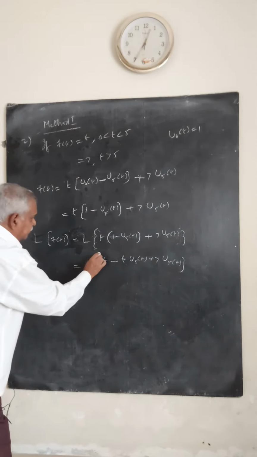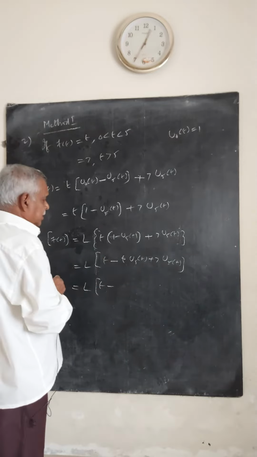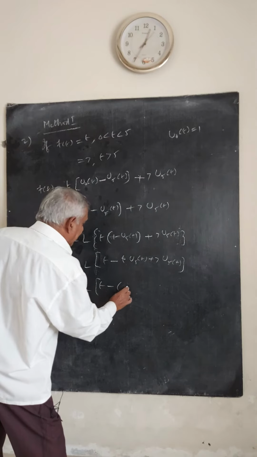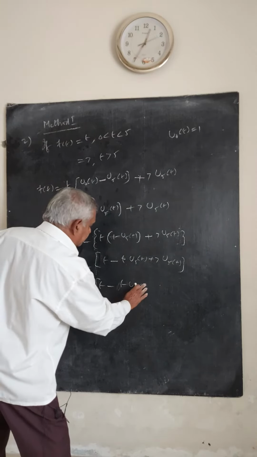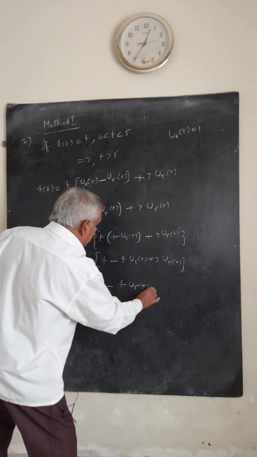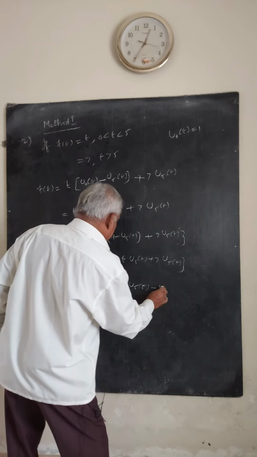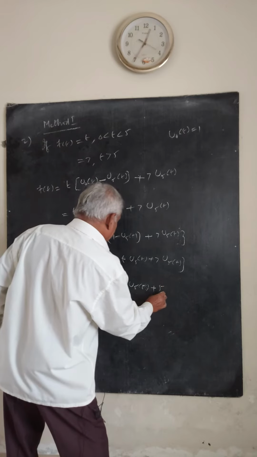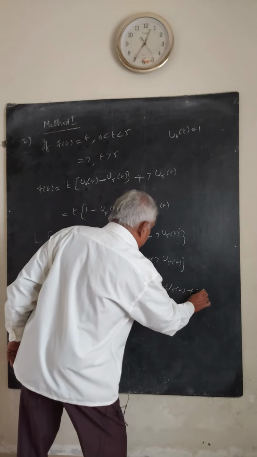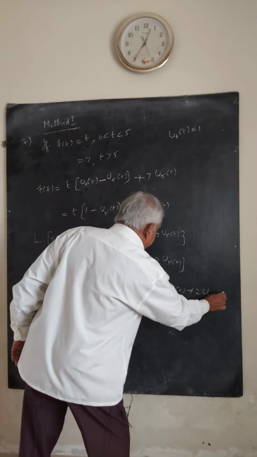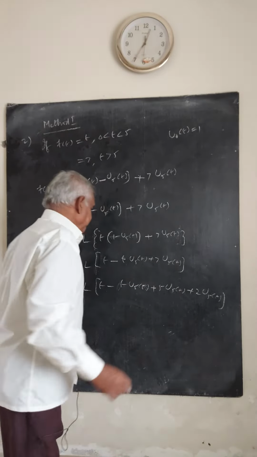Equal to L of t minus bracket t u 5 t minus 5 plus 5 u 5 t plus 2 u 5 t. We have split 7 into 5 plus 2 u 5 t.